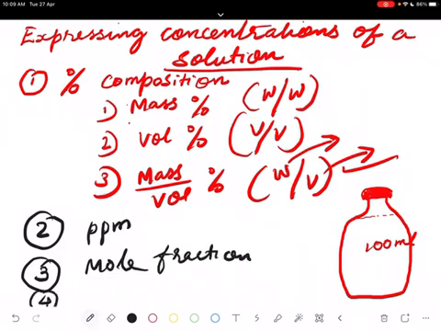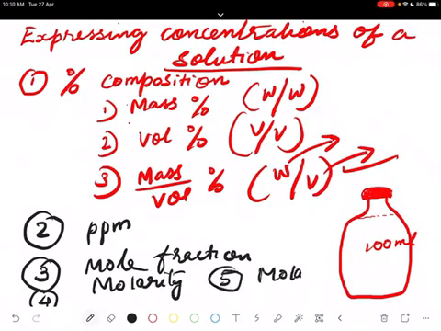Then molarity, and number 5, molality. Molarity and molality, these two terms we have already learned in class 11th. Mass percentage we have also learned, and ppm a little bit. We'll be revising these things right now.